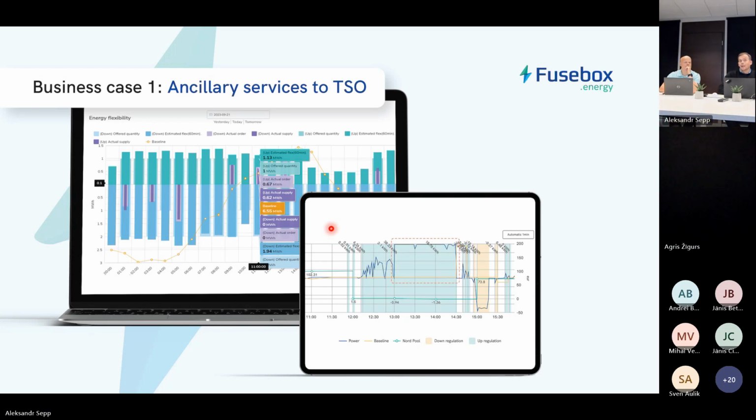In reality, from my historical overview, it can be either no activation per day, or the maximum that we have participated in, off the top of my head, was around 12, or even more. Almost every second hour we have activated.